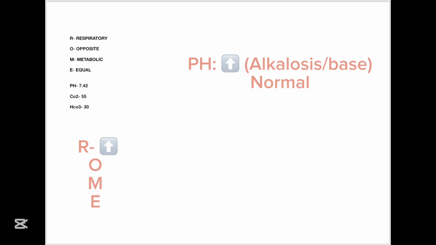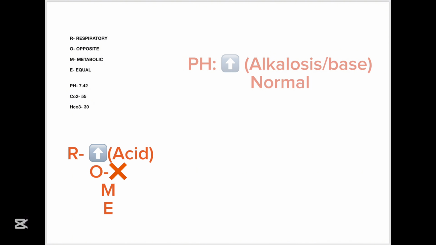Are they in opposite direction? The answer is no. So at that O, we are going to put an X there showing that they are not in opposite direction. So this is not a respiratory problem. In bracket of the R, we could also write acid there showing that the CO2 is increased, and that pH is base, so they don't even match, base and acid.